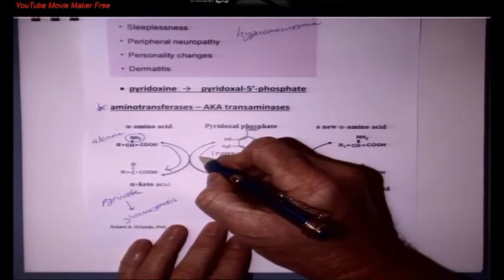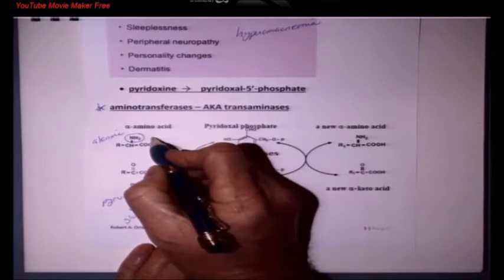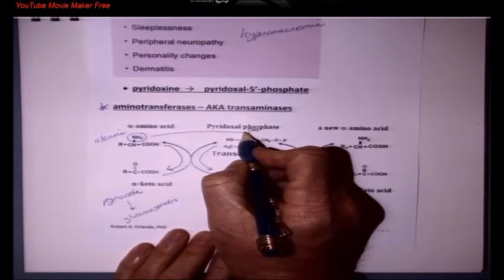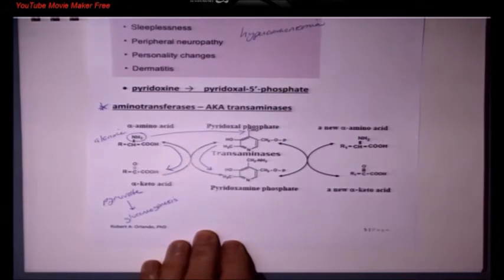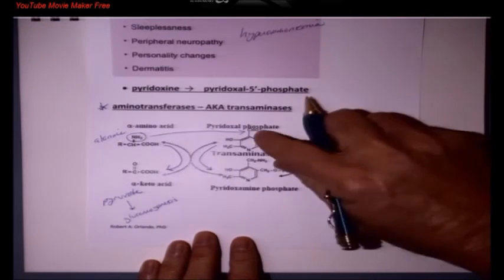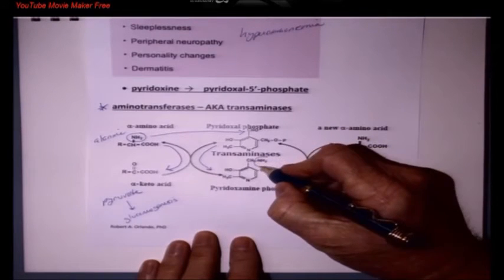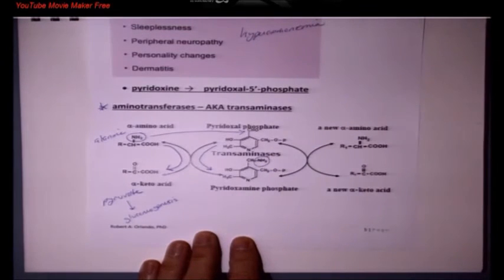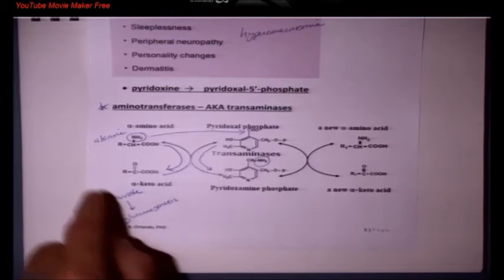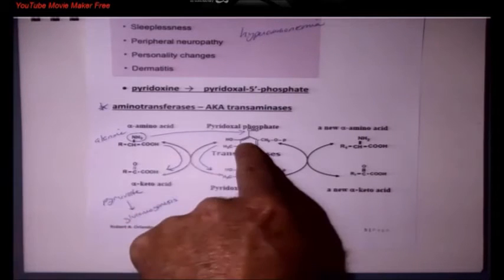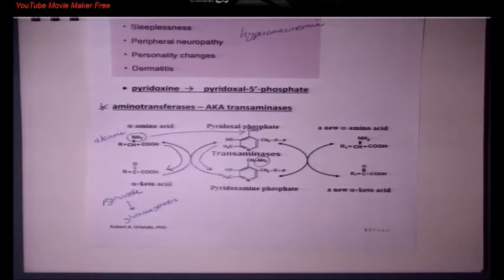We are going to transfer this nitrogen to this particular carbon on the pyridoxine. When we do that, here's the nitrogen. So the nitrogen gets physically transferred from alanine to the pyridoxal structure in the enzyme.